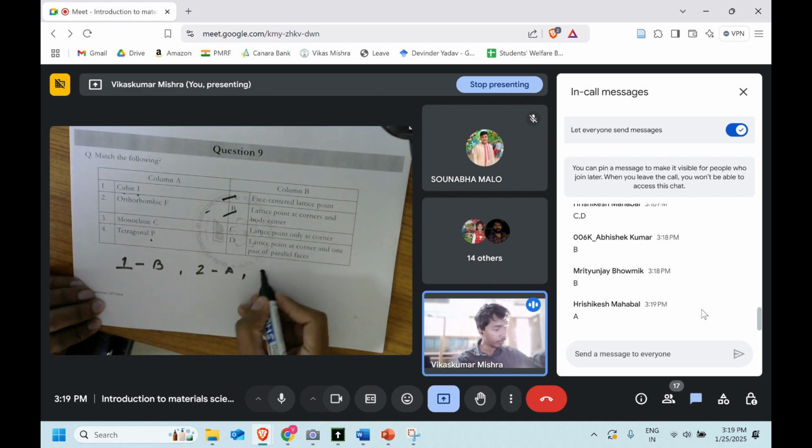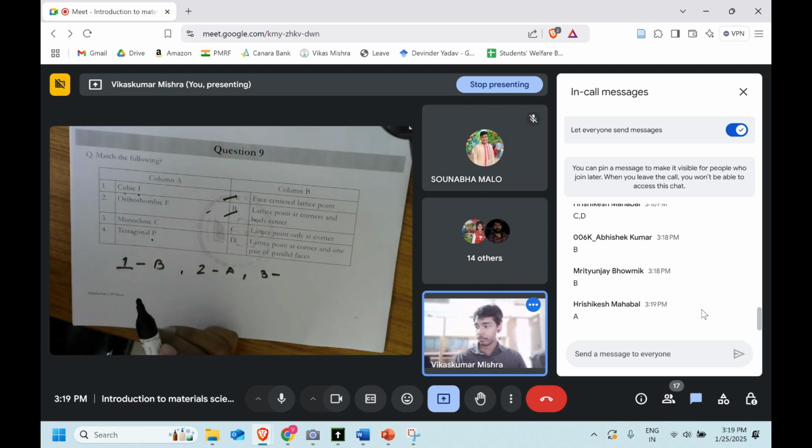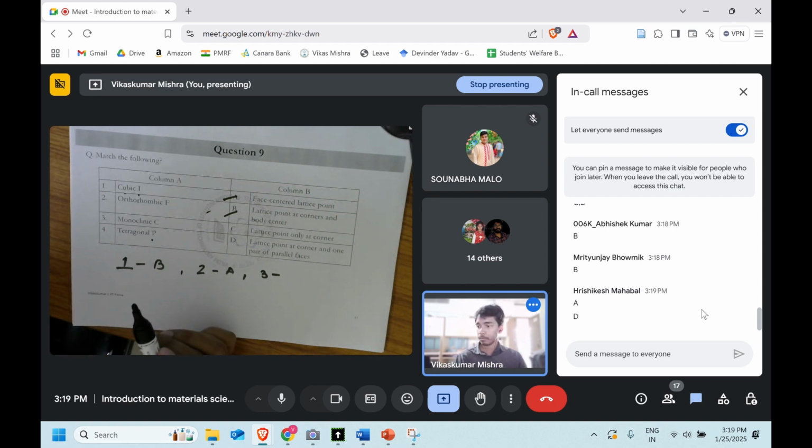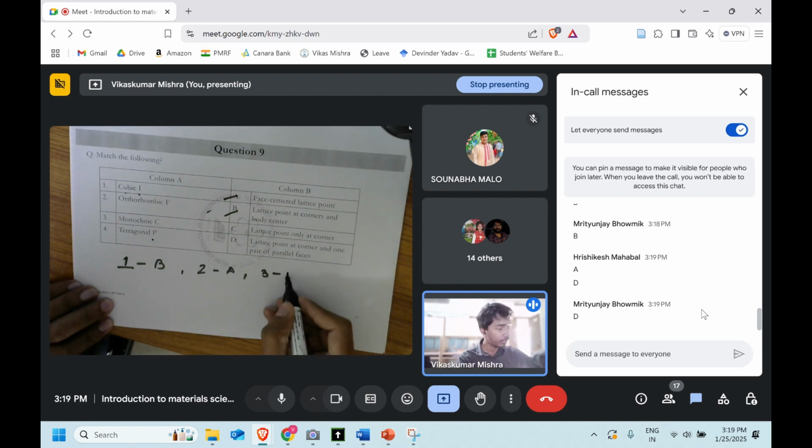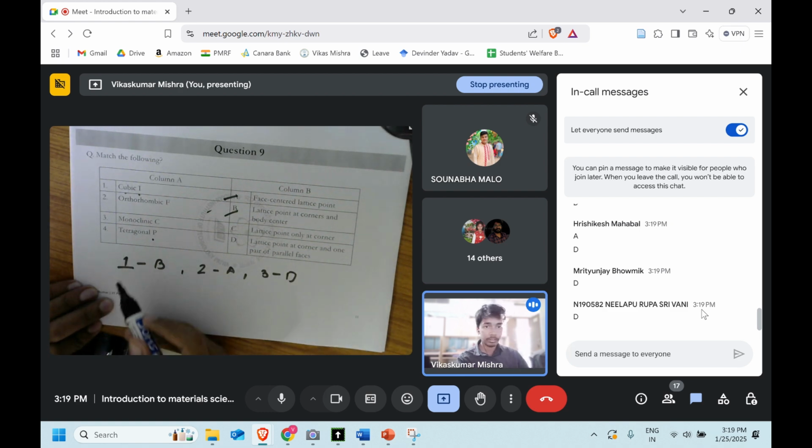Now about 3, monoclinic end centered. Option D, the lattice point at the corner and one pair of parallel faces. That's right, perfect. Option D is the right answer. Mrityunjaya also said option D, perfectly right.